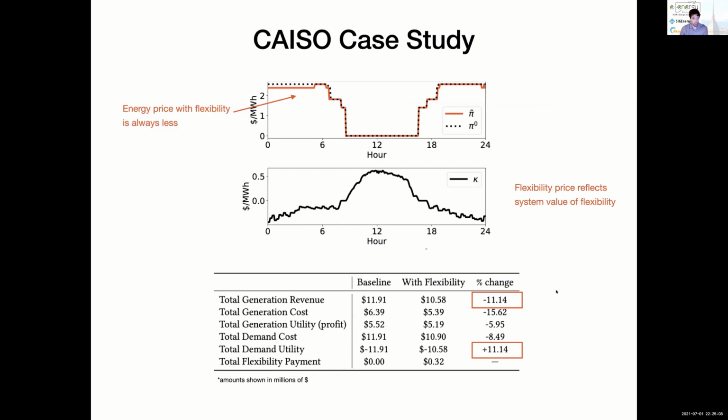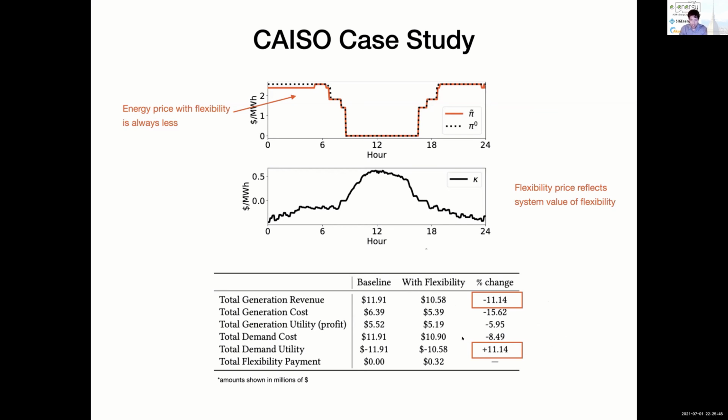All right, so this table summarizes the welfare transfers that happen between the generation and demand sides of the market. A lot of numbers going on here. I want to draw your attention to the ones shown in red, which are the transfer between the generation side and the demand side. While the generators as a group lose out in this flexible dispatch setting, with a negative change in their revenue, the demand increases its welfare.